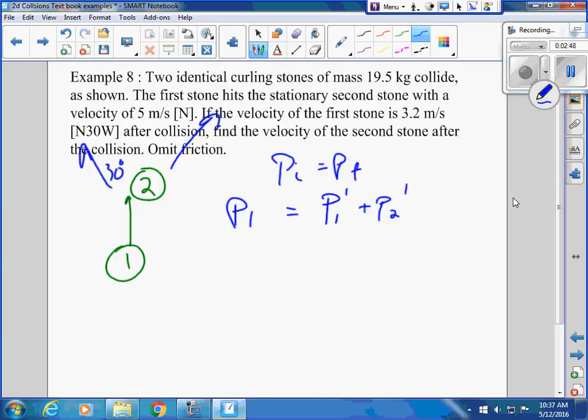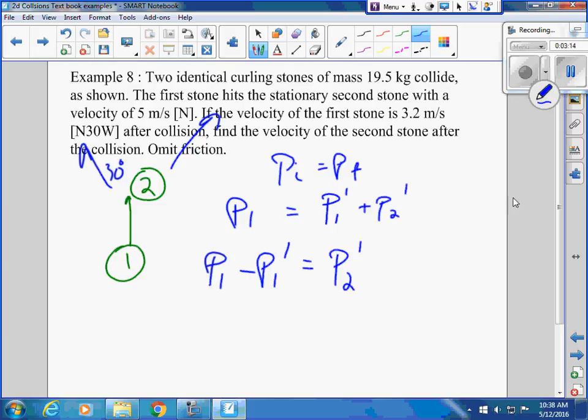Okay, so now we are looking for the velocity of the second stone after the collision. So we're looking for the momentum of 2, right? I'm going to take that P1 prime to the other side and say P1 minus P1 prime is equal to P2 prime.